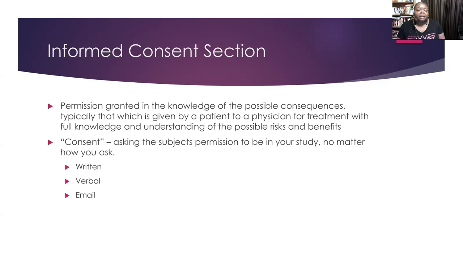You also do an informed consent from the patient to a physician for treatment after they understand the possible risks and benefits. So basically, consent is just asking the subject's permission to be in a study, no matter how you would ask. It could be written, verbal, or email. Informed consent is adding that extra layer that they understand and know the risks and possible benefits of participating in the research study.